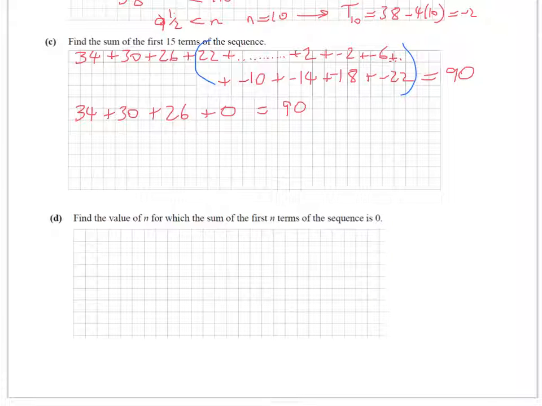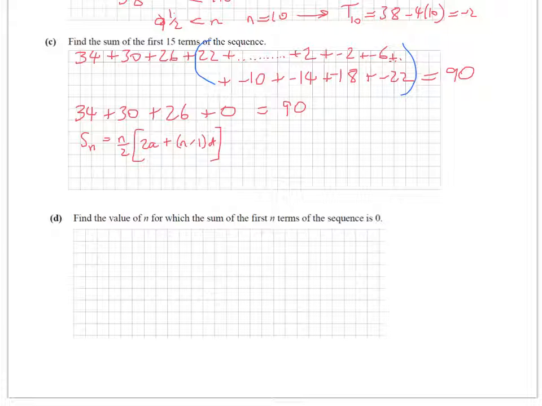The last approach, which again is the most mathematically appropriate, is to use the form that's given to you in the formula book. And you have Sn equals n over 2, 2 lots of A plus n minus 1 d.